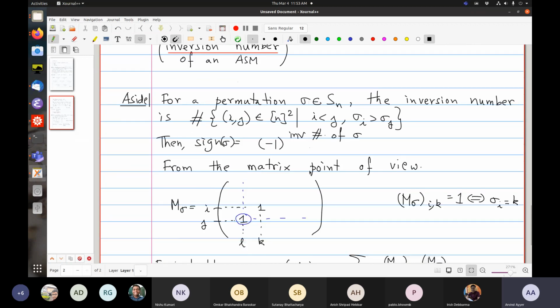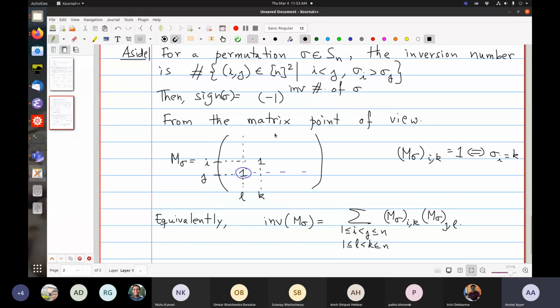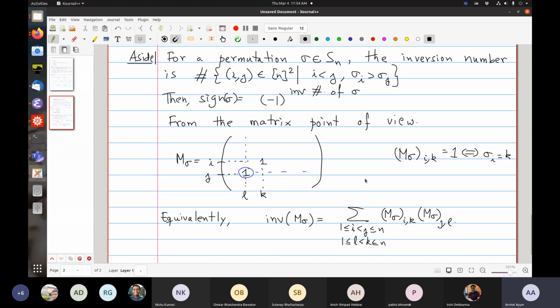Okay, so this is the definition of an inversion number for ASM. So let me box this whole thing.